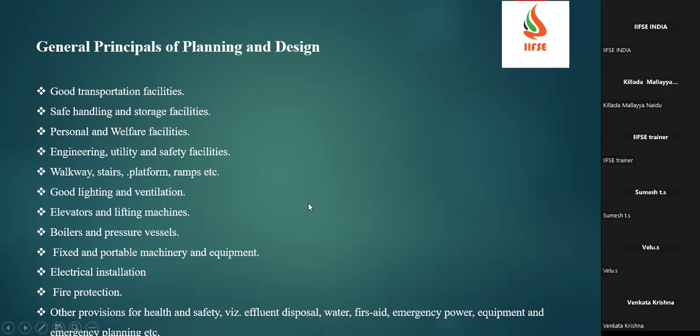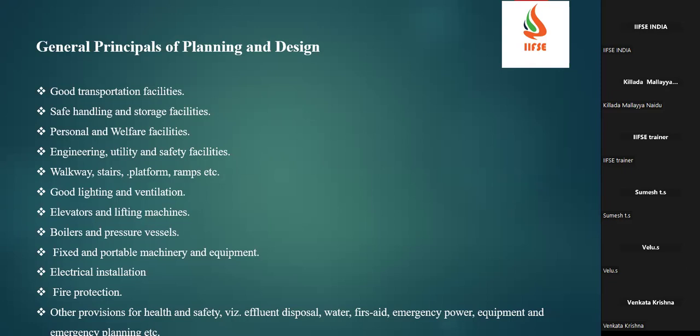As per the laws, there is a limited weight we can allow for manual material handling; over that, we have to use machinery or other lifting equipment. Then boilers and pressure vessels, fixed and portable machinery and equipment, electrical installations, fire protection, and other provisions for health and safety like effluent disposal, water, first aid, emergency power equipment, and emergency planning.